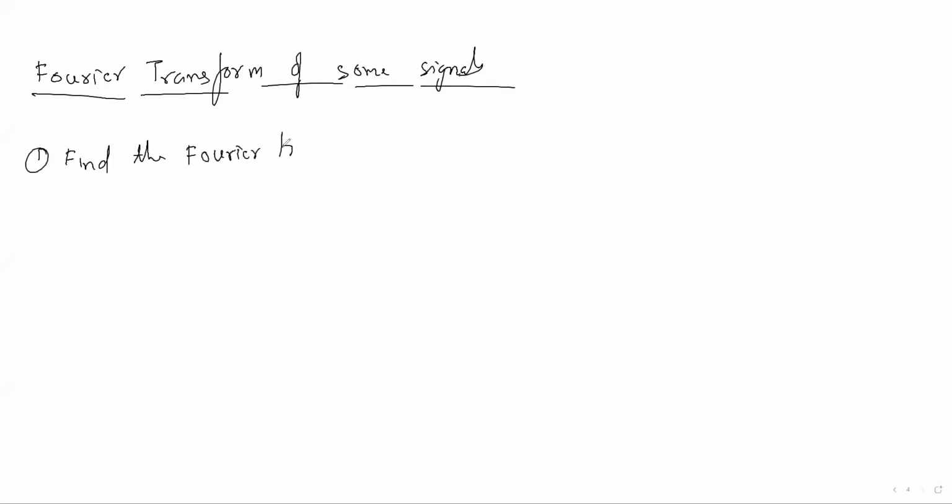For example, suppose we are to find the Fourier transform of x(t) given as e to the power minus at u(t). What will be the Fourier transform of this signal?